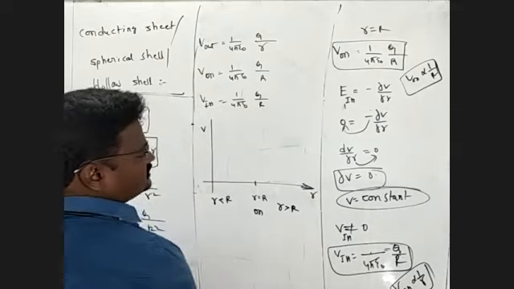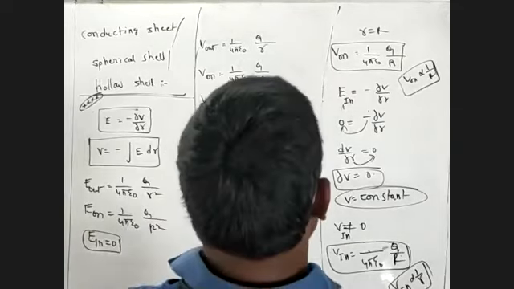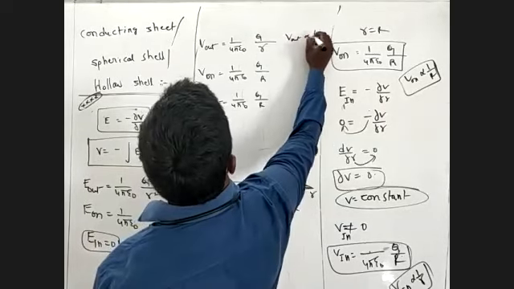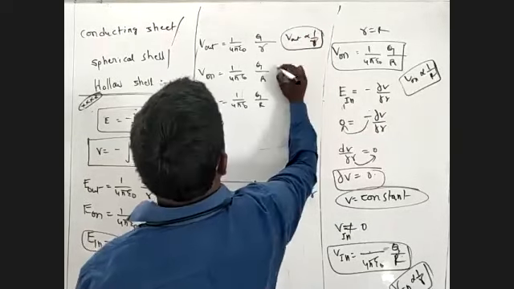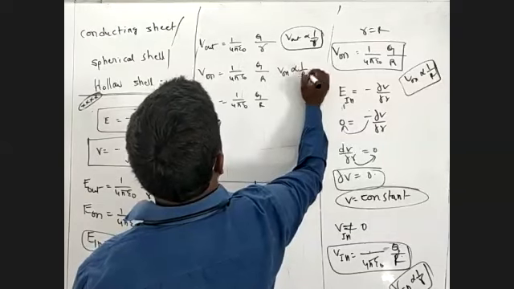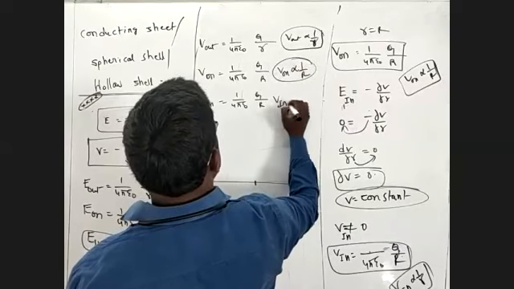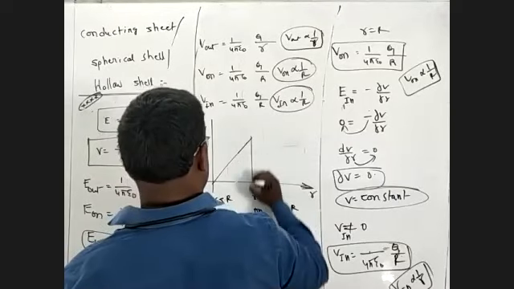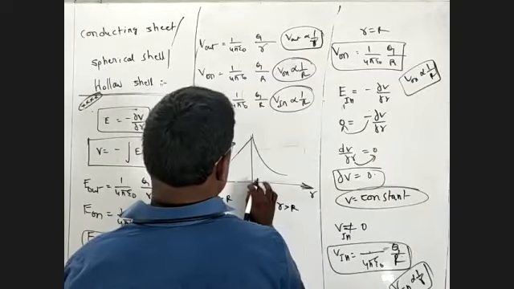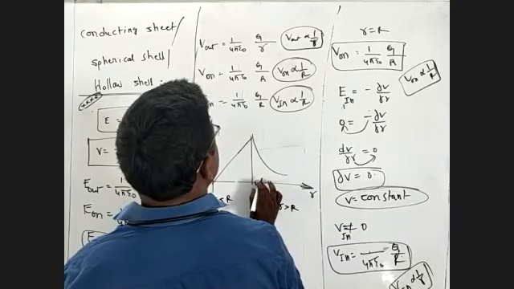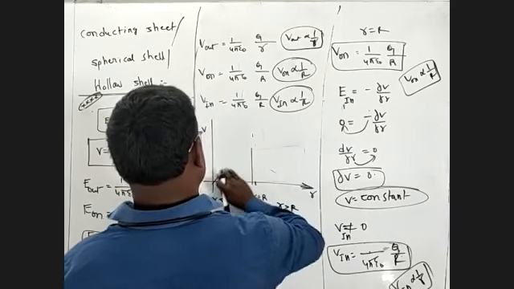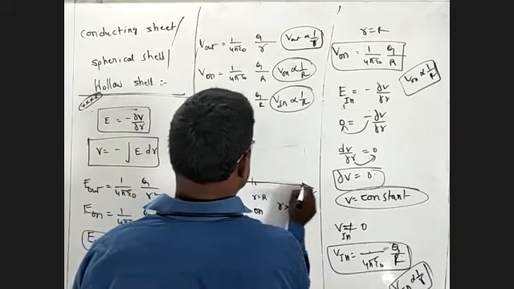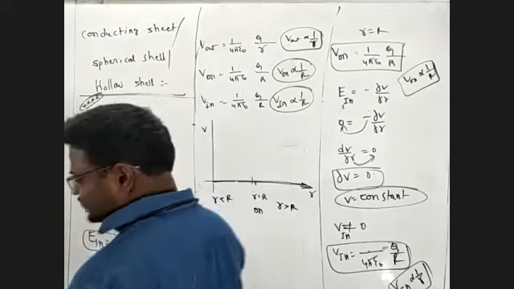So now you will see. V out is inversely proportional to 1 by small r. V on the sphere and V in are proportional to 1 by capital R. This is your graph. Inside, V is constant.